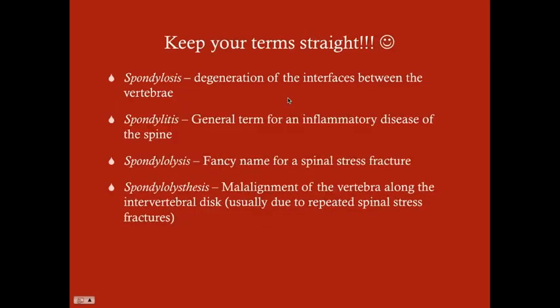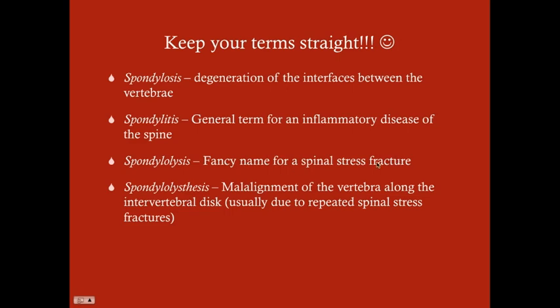Okay. Now it's important to keep your terms straight. So remember, we talked about spondylosis, which is just degeneration of the interfaces of the vertebrae, the facet joint, your intervertebral discs. There's also spondylitis, which is not the same as spondylosis. Spondylitis is a general term for an inflammatory disorder of the spine. Then there's spondylolysis, which is a fancy name for a spinal stress fracture.